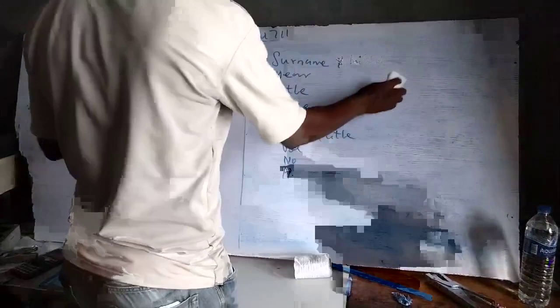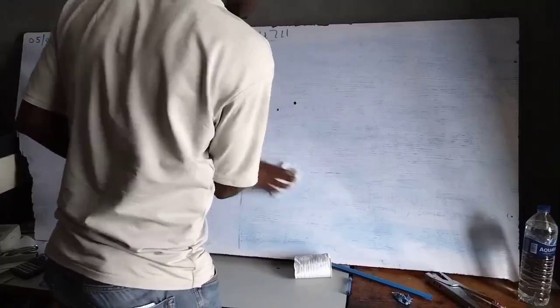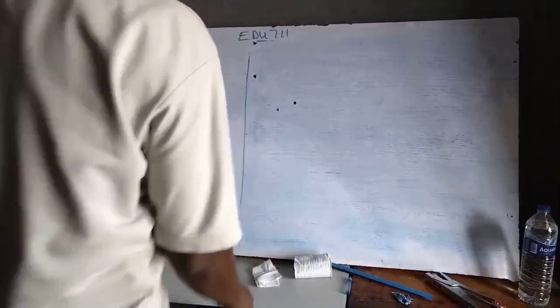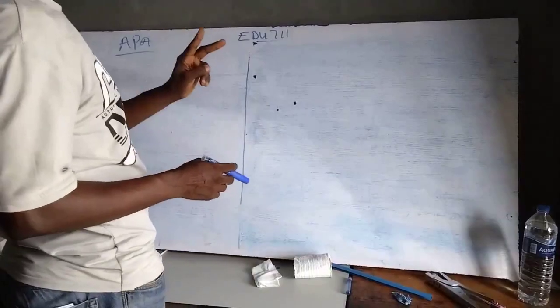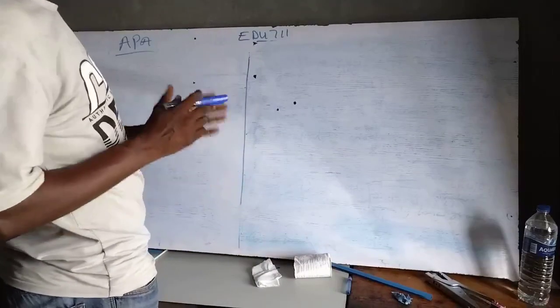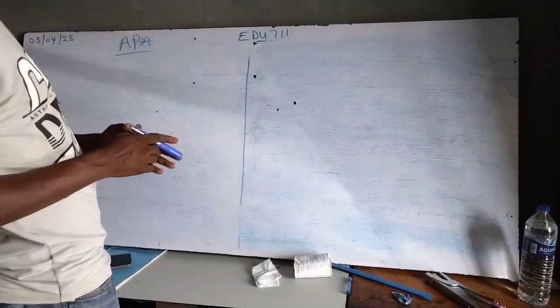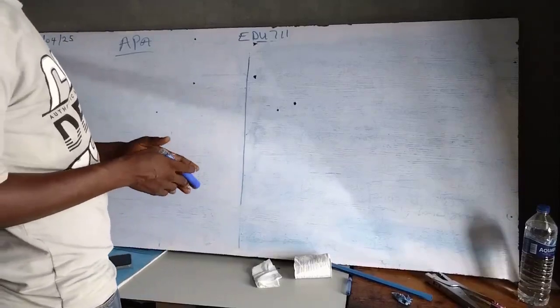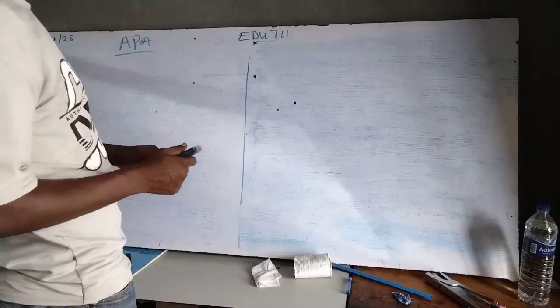So we will see that now. Basically we are looking at two instances, and we are considering APA sixth edition. Though there is a seventh edition currently, for this course we are looking at the sixth edition.